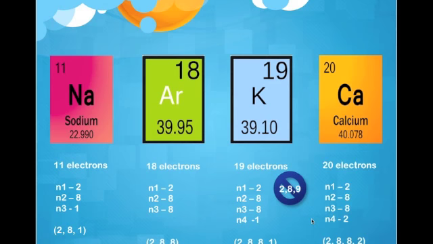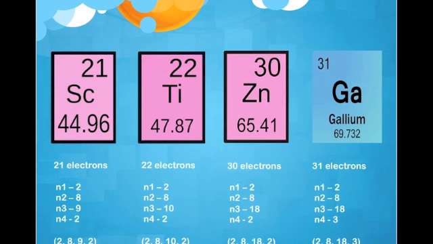When we move up to calcium, shell number 3 does the same thing and says, I've got my 8, I'm happy. Go to the next one. So the 20th electron also goes to shell number 4, and it gives you the configuration 2, 8, 8, 2. Now, this is where it gets even more complicated. 21.